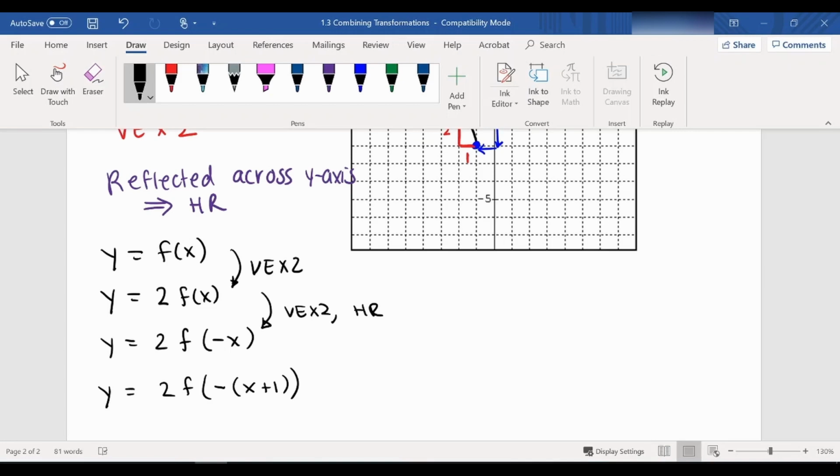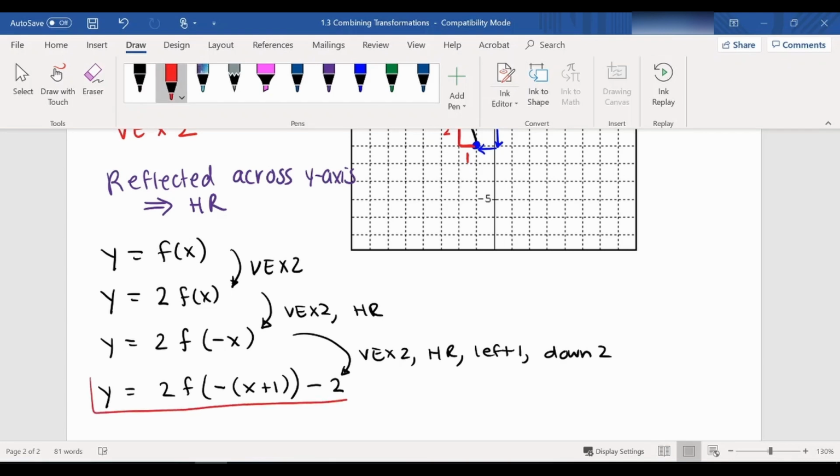And then I'm also moving down 2. So this means I have my vertical expansion by 2, my horizontal reflection, my left 1, and my down 2, all there. Okay, so if I write this as f of x, this would be my final answer.